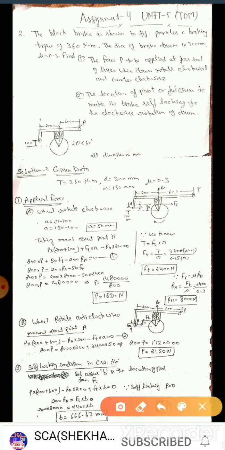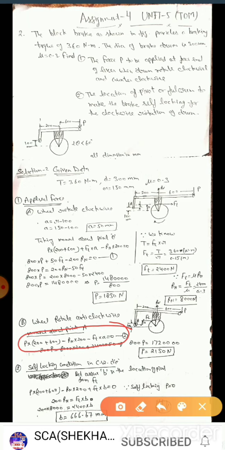So develop the equation of moment: P into 200 plus 600 minus Rn into 200 minus Ft into A equal to 0. Minus Ft because Ft is in the left direction, and this is the A, and it acts as an anti-clockwise couple. So we assume an anti-clockwise couple as negative sense.